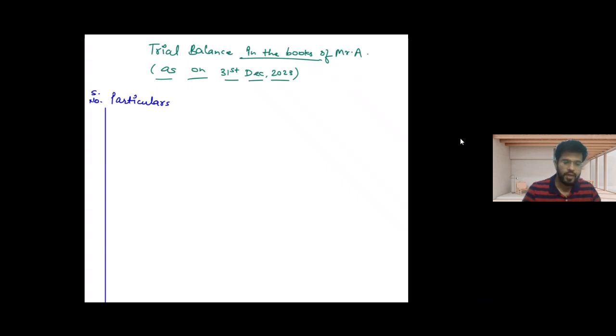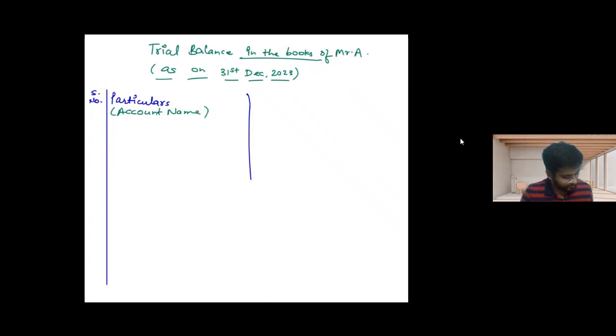So that is the basic format of writing your trial balance, where the first column is particulars, or we can say account name, because particulars are nothing but your account names. Then we have this column, which is also optional, called ledger folio number, LF. This is not necessarily mentioned in all trial balances.